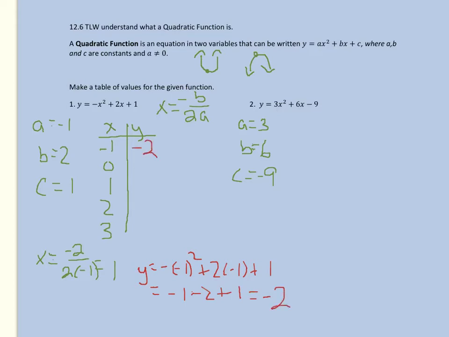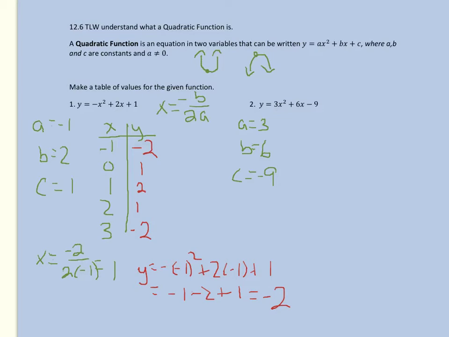Okay? Plug in 0, you get 1. You plug in 1 for x, you would get 2. You plug in 2 for x, you get 1. You plug in 3 for x, you get -2.